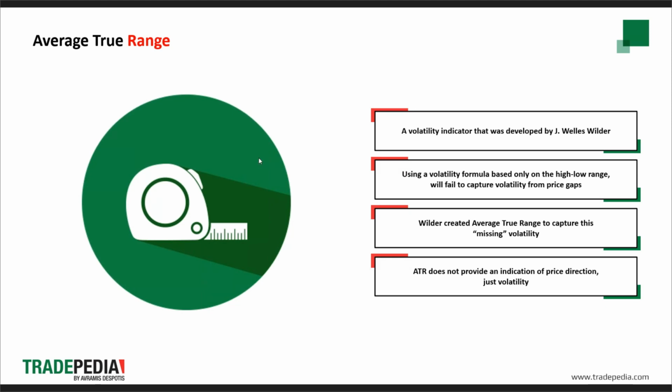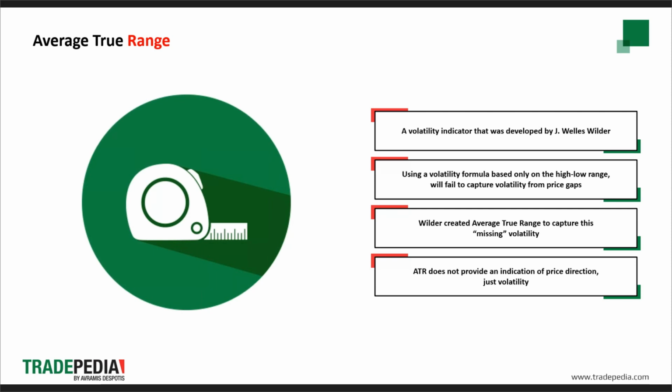All right. So if there is no further question, I will move forward to the next indicator, called the average true range. Average true range, or ATR in short, is another volatility indicator that was developed by J. Wells Wilder.